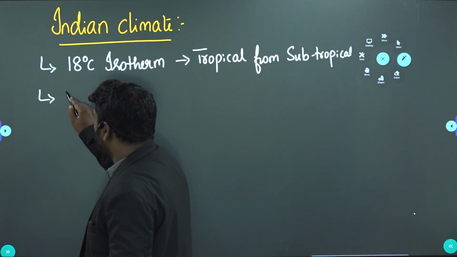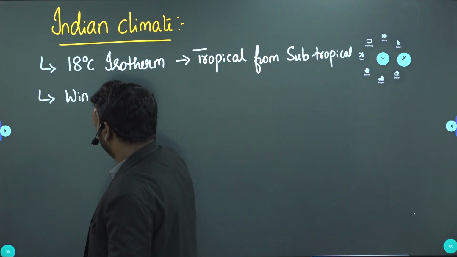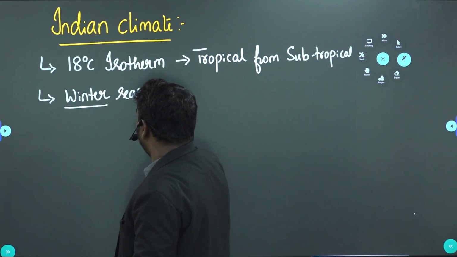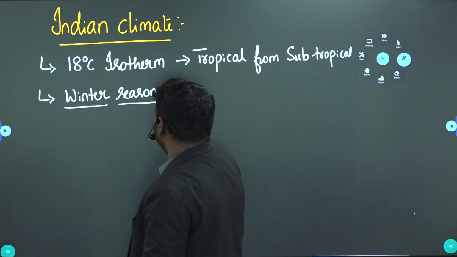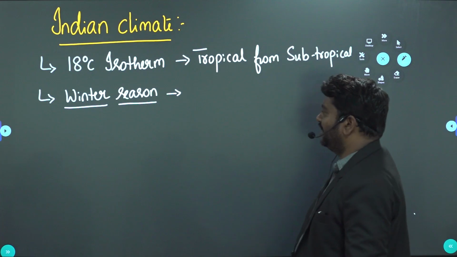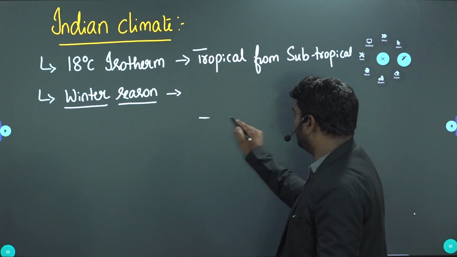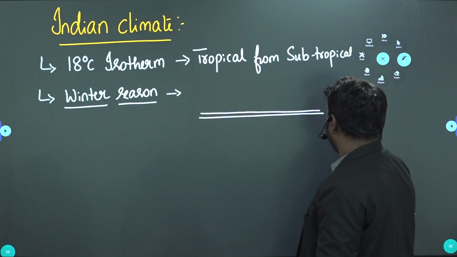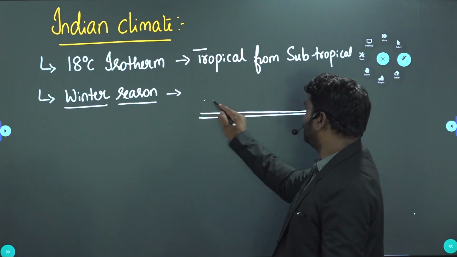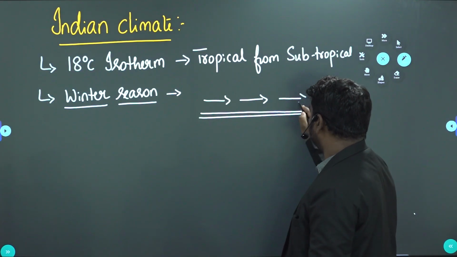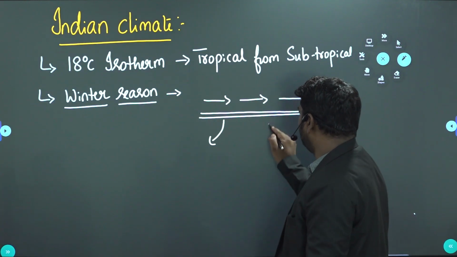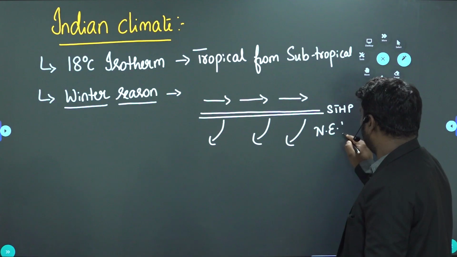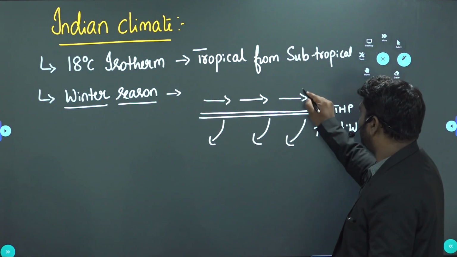Second, if we take seasons, India, winter season, India is divided into two parts, where North India is under the control of westerlies, South India is under the control of northeast trade winds.